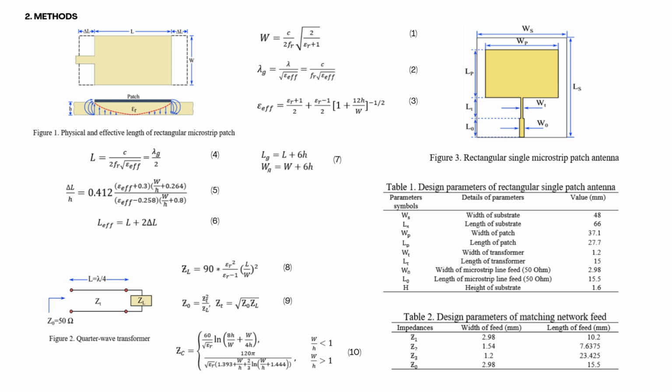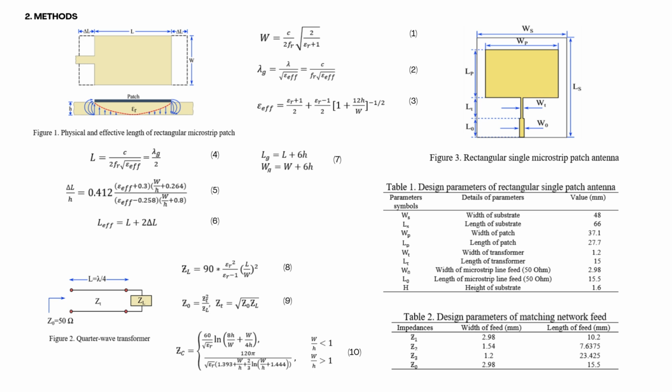In MPA, the width of the patch is typically chosen to be a fraction of the guided wavelength to manage its resistance. The guided wavelength of a patch antenna denotes the wavelength of the electromagnetic wave guided along the microstrip transmission line formed by the patch and the ground plane.